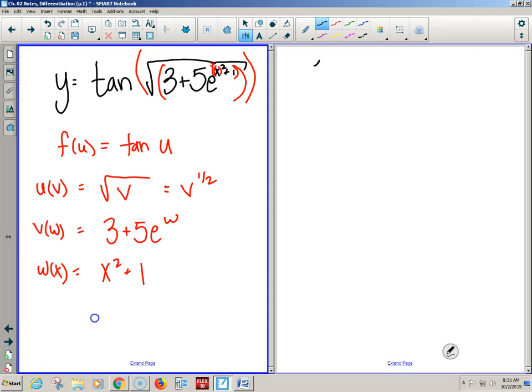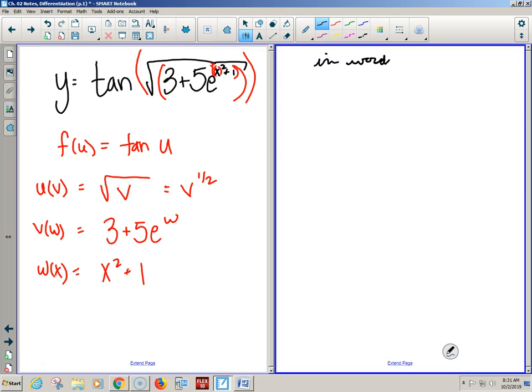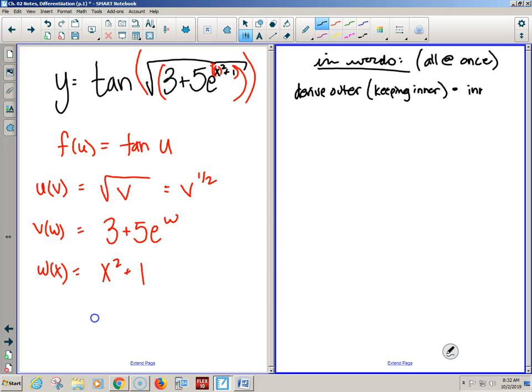Here's the inwards, right? And this is also the all at once way. You can think about it: we've done a lot of, okay, do this, and then go do this, and then go back and do this, and then finally you get an answer. This is the all at once way. Derive the outer, keeping the inner, times the inner prime.